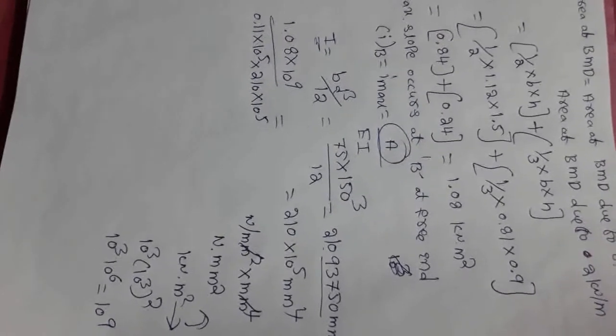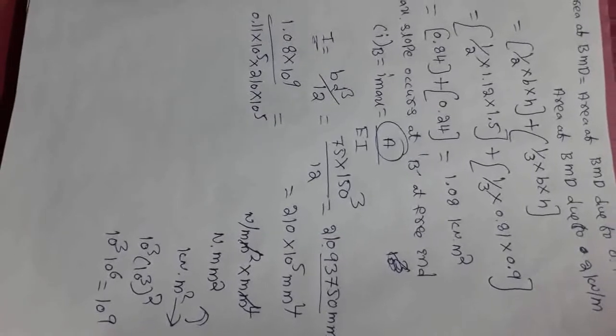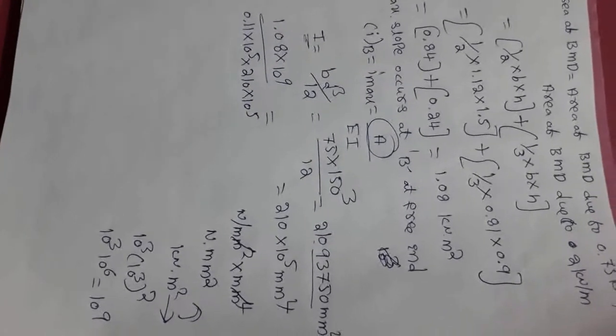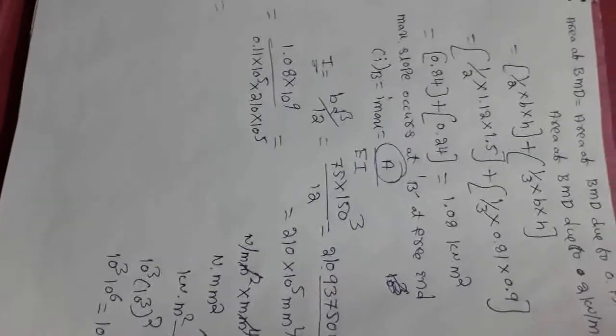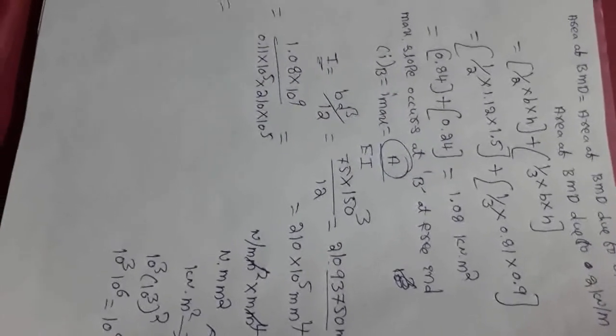1.08 into 10 to the power of 9 divided by 0.11 into 10 to the power of 5 into 210 into 10 to the power of 5.